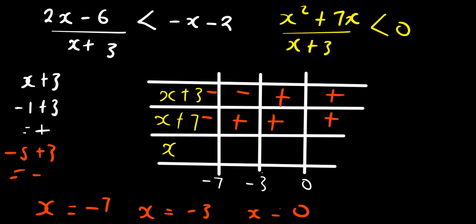Then which value gave us 0? It came from x. If you get any number that is greater than 0, they will be positive numbers, right? Numbers that are less than 0 will be negative, like that. Okay, so now let's find the product.